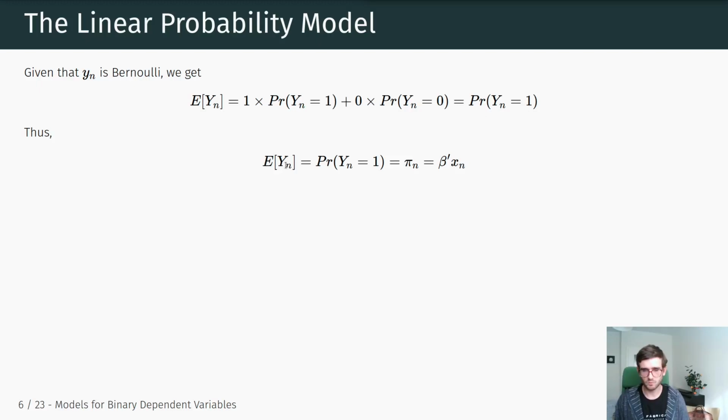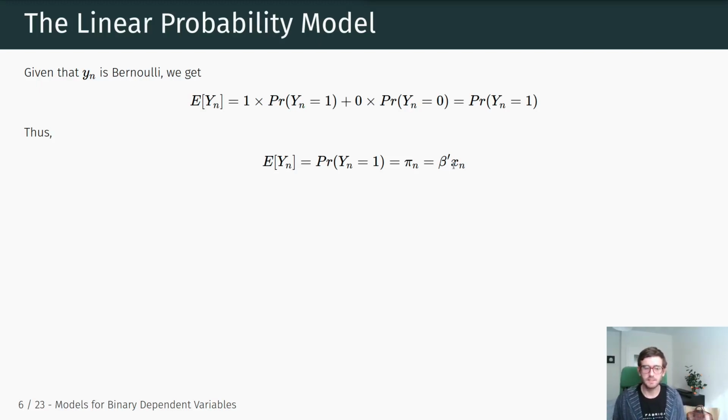So in other words, we're looking at a conditional expectation, the expectation of our dichotomous outcome variable yn, which, as we said, is equal to the probability of yn being equal to 1, which for short we just call pi n for now. And we just make the assumption that we directly model this in a linear fashion as beta prime xn, so as a linear combination of all our predictors and our OLS coefficients.